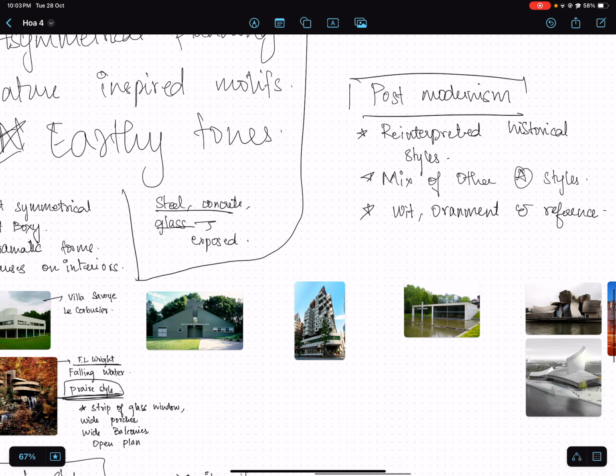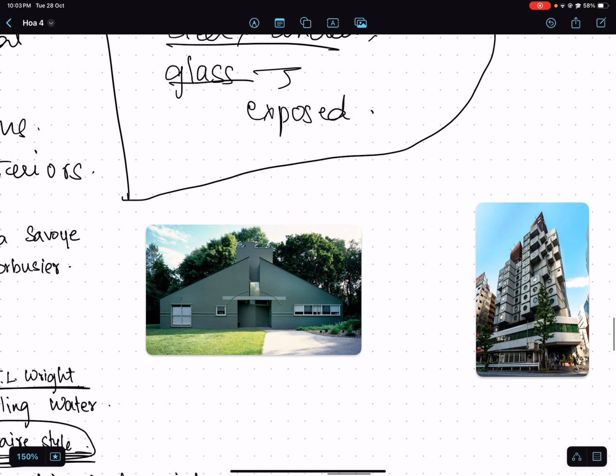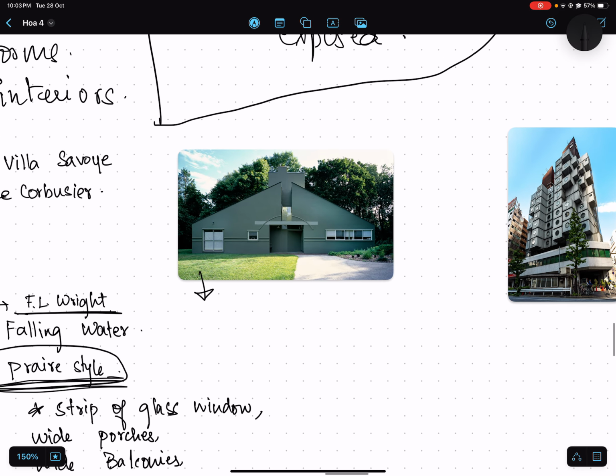So if you see this, it is called the Vanna Venturi House, designed by Robert Venturi for his mother.